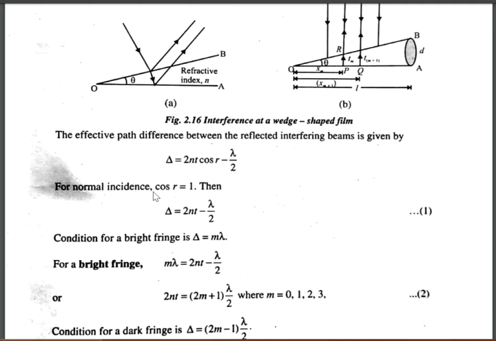Since the rays are incident normally and get reflected along the normal, r must be 0, so cos r becomes 1. Then delta will be equal to 2nt minus lambda by 2.